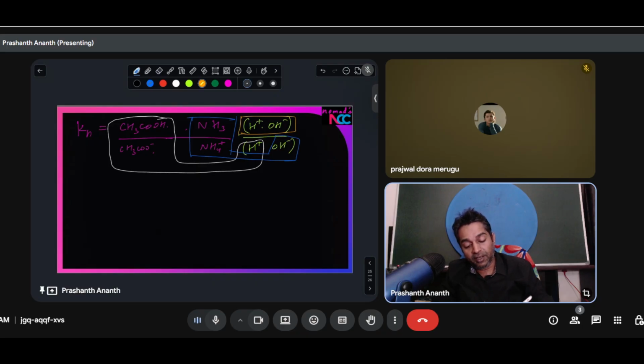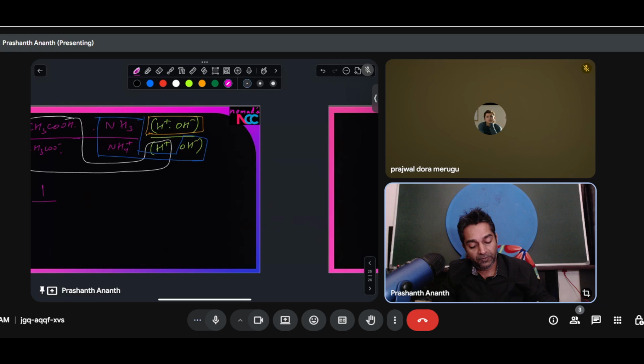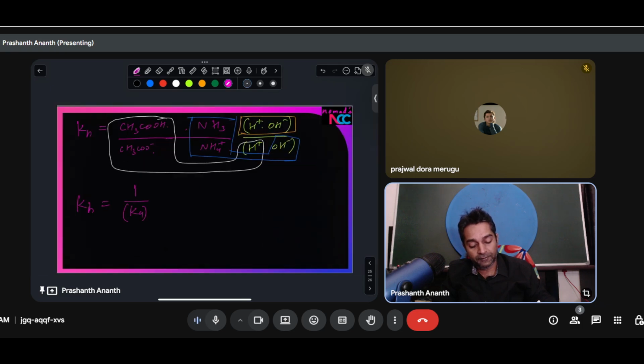This effectively results in the KH expression now being, the white part on combination becomes 1 divided by Ka of weak acid, and the blue part automatically becomes 1 divided by Kb of weak base, and lastly the numerator ends up becoming Kw.